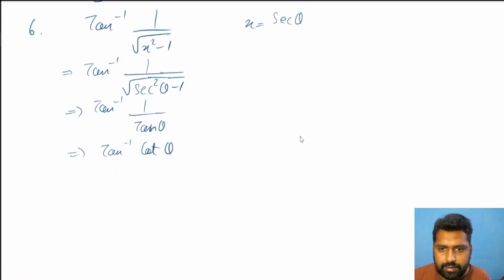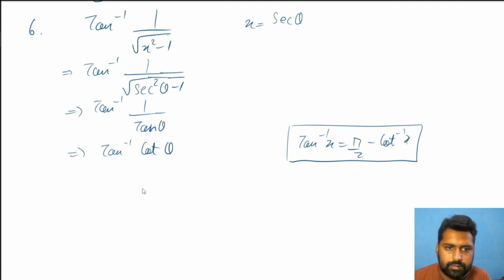So I can write tan inverse x as pi by 2 minus cot inverse x. Let's write down. So pi by 2 minus cot inverse of this complete thing, which is our x because it's inside tan inverse. So cot inverse cot theta. Now we can cancel.